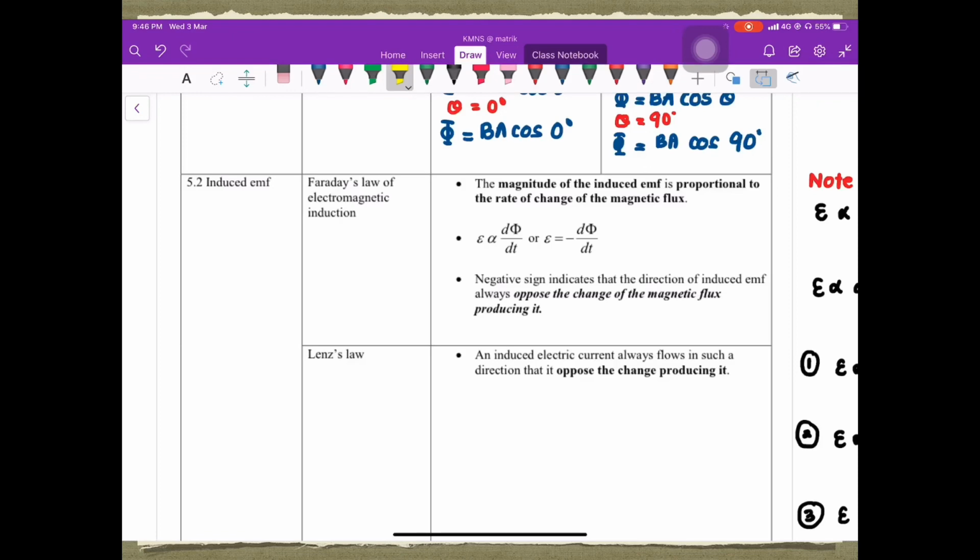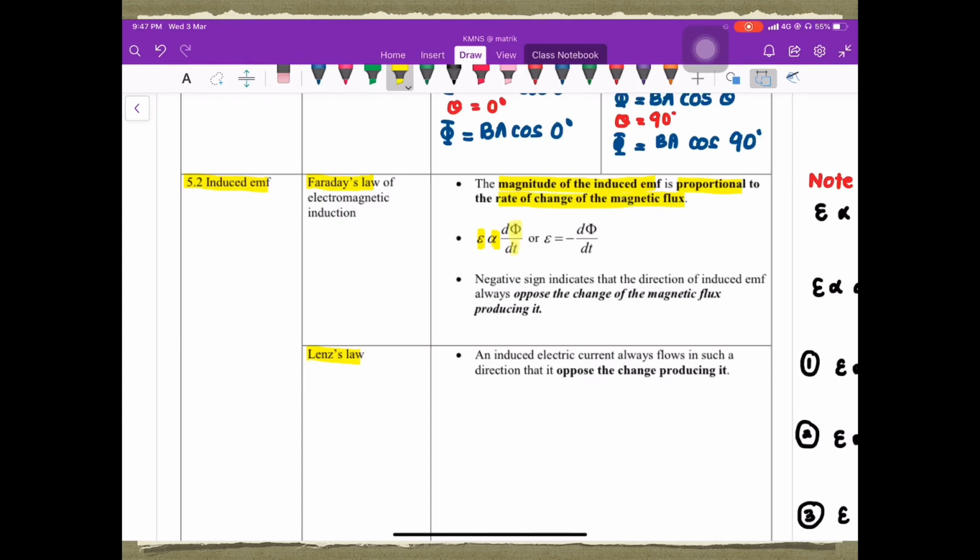Next, for subtopic 5.2, induced EMF, we have two laws: Faraday's law and Lenz's law. What is Faraday's law? The magnitude of induced EMF, this is the induced EMF, is proportional to the rate of change of magnetic flux.